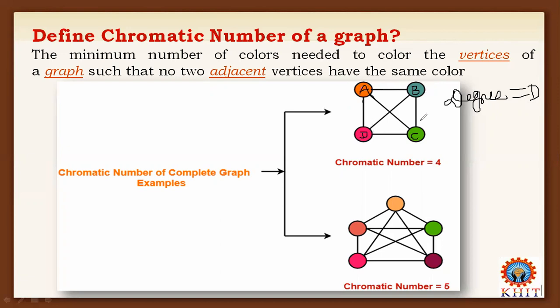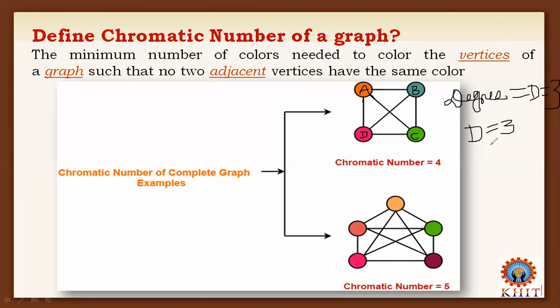Even if you consider any one vertex from the given graph, the maximum degree is 3. Hence, the value of D is 3. So, the degree of the given graph is 3.